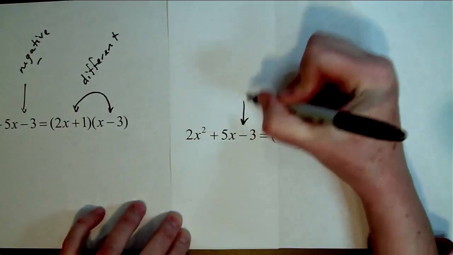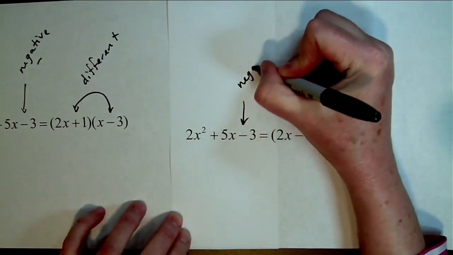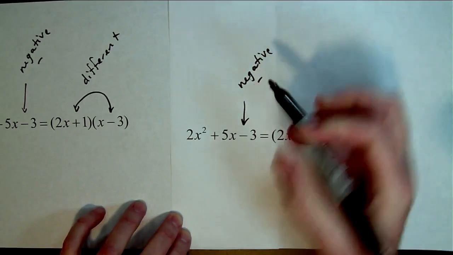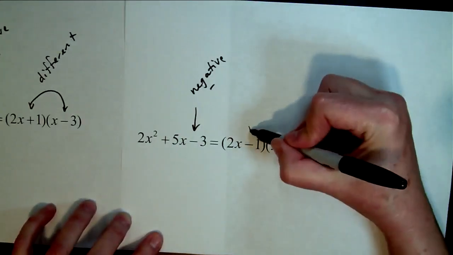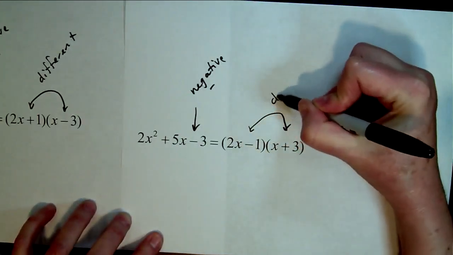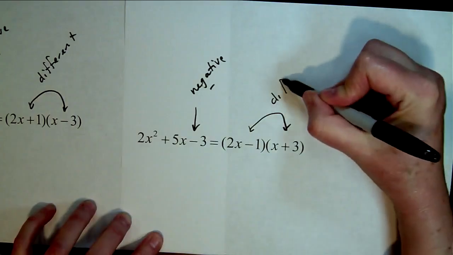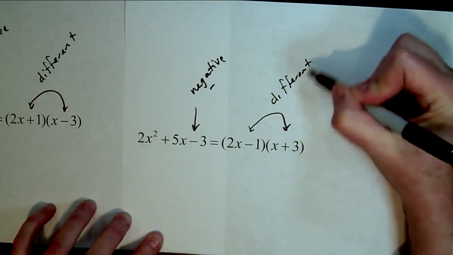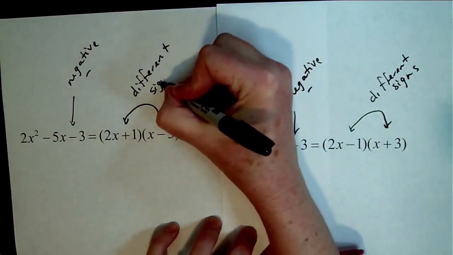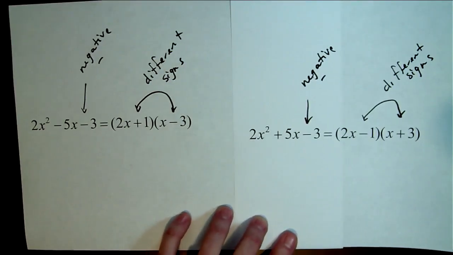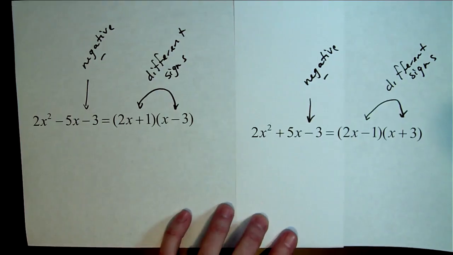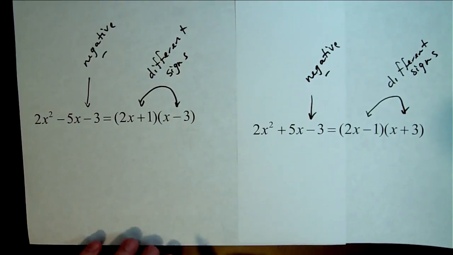And similarly here, if the sign on the back end on the constant term is negative, then you're going to need different signs in your factorization to get that constant term to come out to be negative.